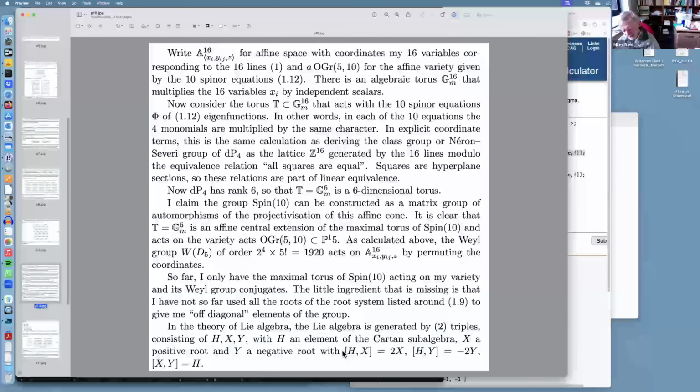And then they have this property. So this means they generate a subalgebra of the Lie algebra, which is SL2.